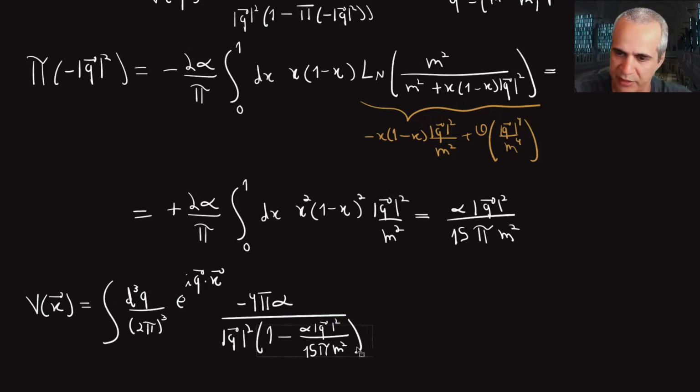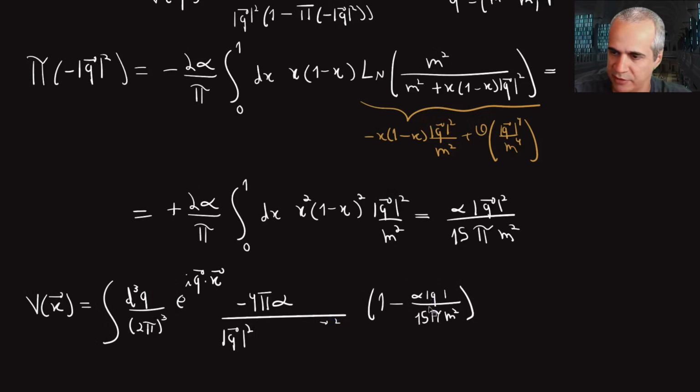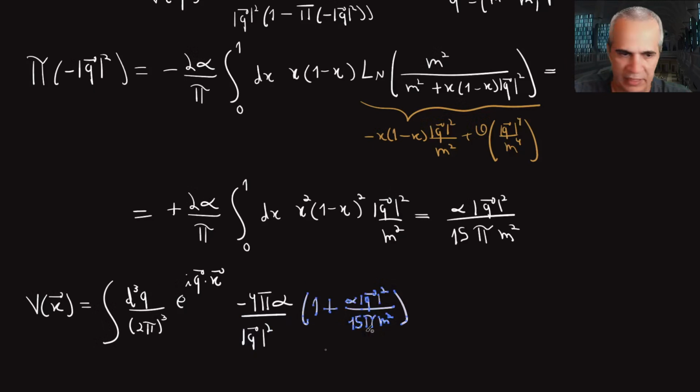So I just bring this guy up here. Oops, I lost a bunch of stuff. Let me put it here and change this sign, right? So again, I'm just approximating. But this is easier to make the Fourier transform, right?